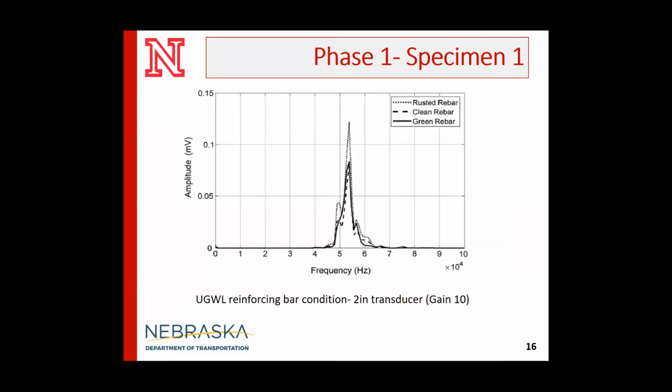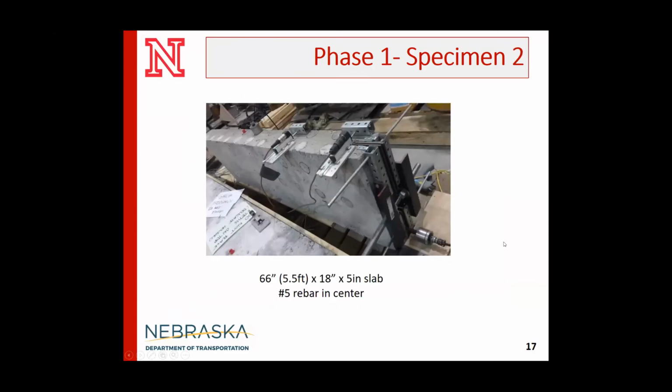And the results were great in that we really see no difference between a clean bar, whether it's naked or epoxy coated, but we clearly see a difference when it's rusted. So we can detect chemical delamination, as it's called, or corrosion with this method at the early stages as well, which we later dug into a little deeper.